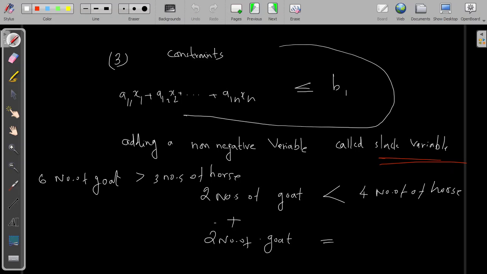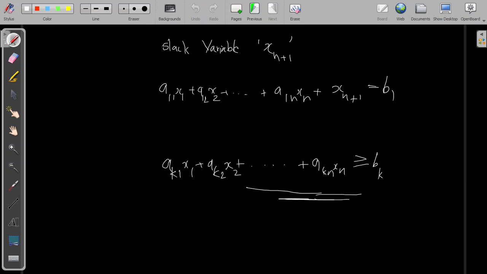So in order to make this equal, you have to subtract three numbers of God on the LHS, so that the equal to sign can be used.